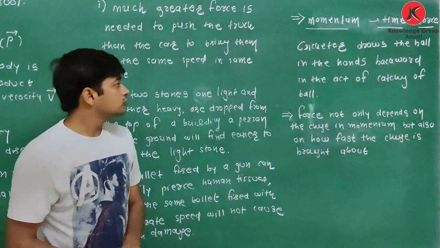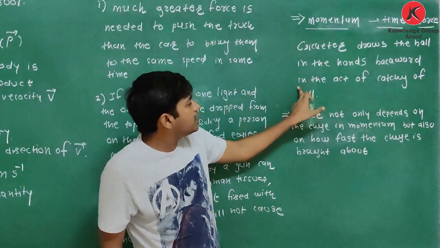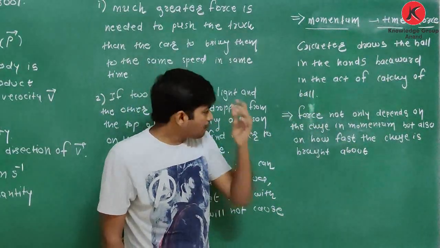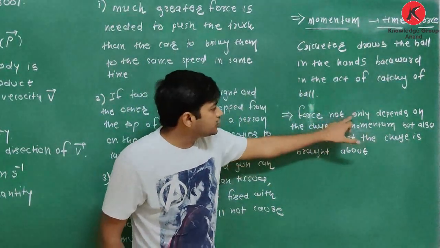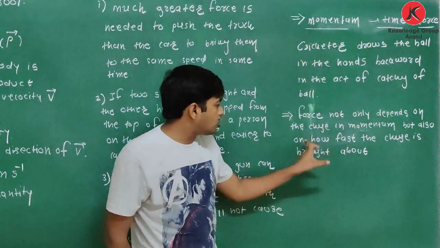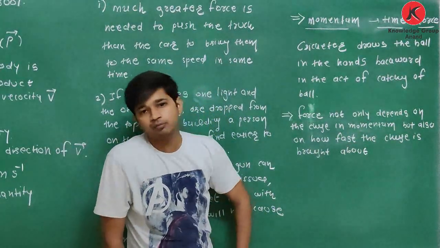Clear about this? So yes, a cricketer draws his hands backward in the act of catching the ball. Why? Because force does not depend only on the change in momentum, but also on how fast the change is brought about.